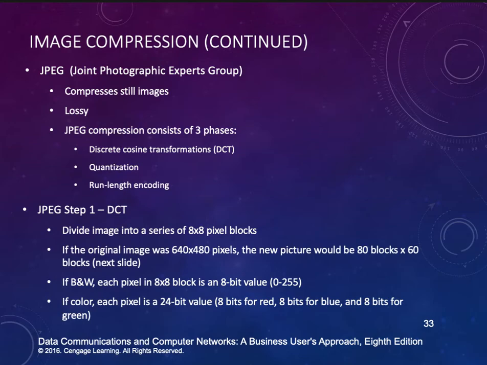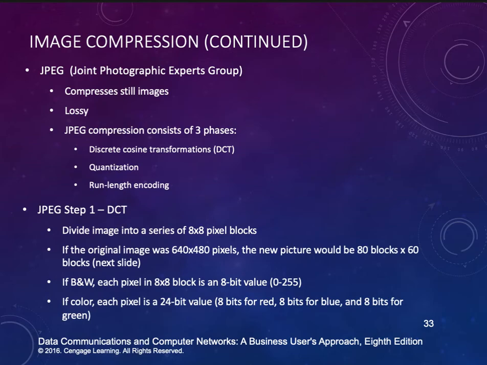JPEG, Joint Photographic Expert Group, compresses still images lossily in 3 phases: discrete cosine transformation, DCT, quantization, and run length encoding. Step 1, the image is divided into a series of 8 by 8 blocks.